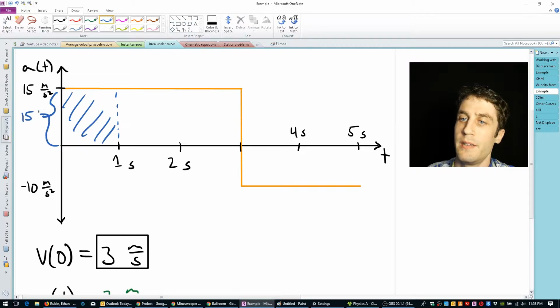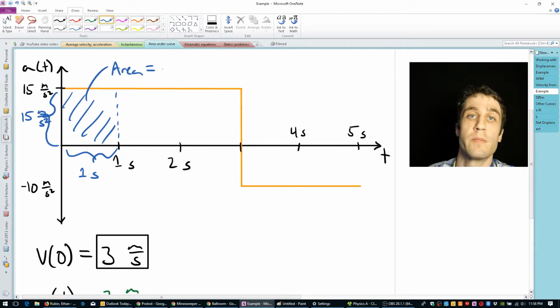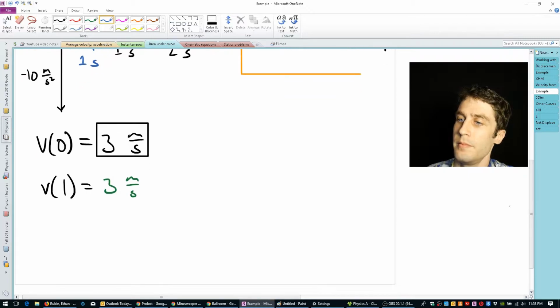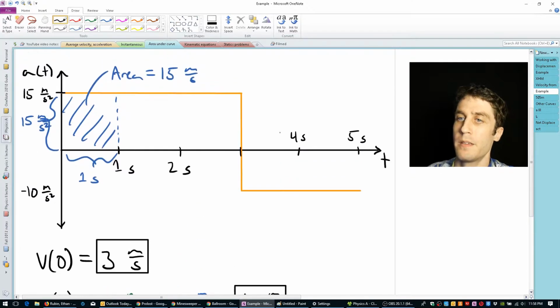The height is 15 meters per second squared, and the width is 1 second. The area is 15 meters per second squared times 1 second, which is 15 meters per second. Those seconds are going to partially cancel. And so that's 15 plus 15 meters per second. And when we carry out that calculation, we find that it's moving at 18 meters per second after 1 second. There's the velocity after 1 second.